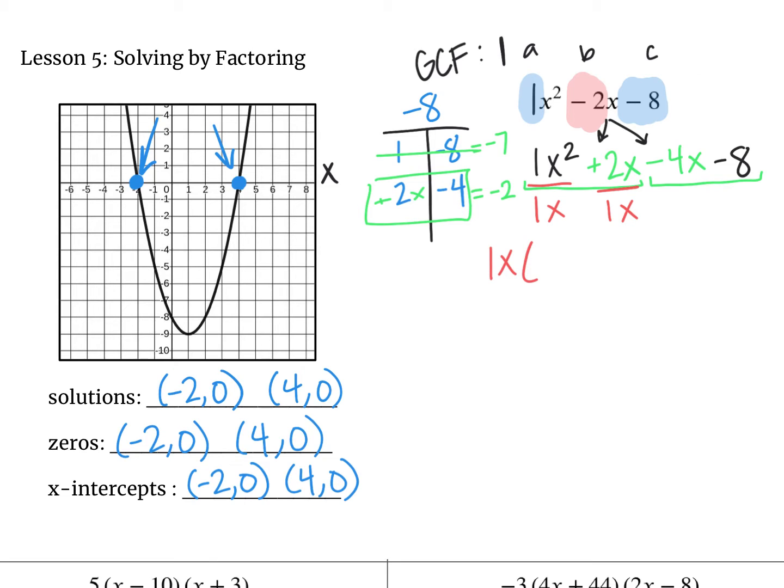You have to bring it down with parentheses. And so inside the parentheses, let's divide 1x squared divided by 1x is going to give me 1x. 2x divided by 1x. Well, 2 divided by 1 is just 2. And those x's will cancel out.